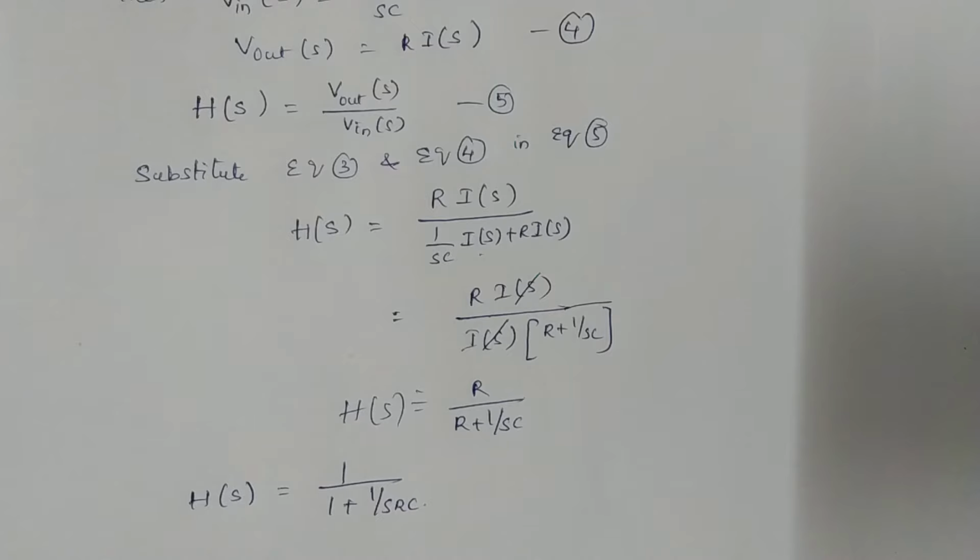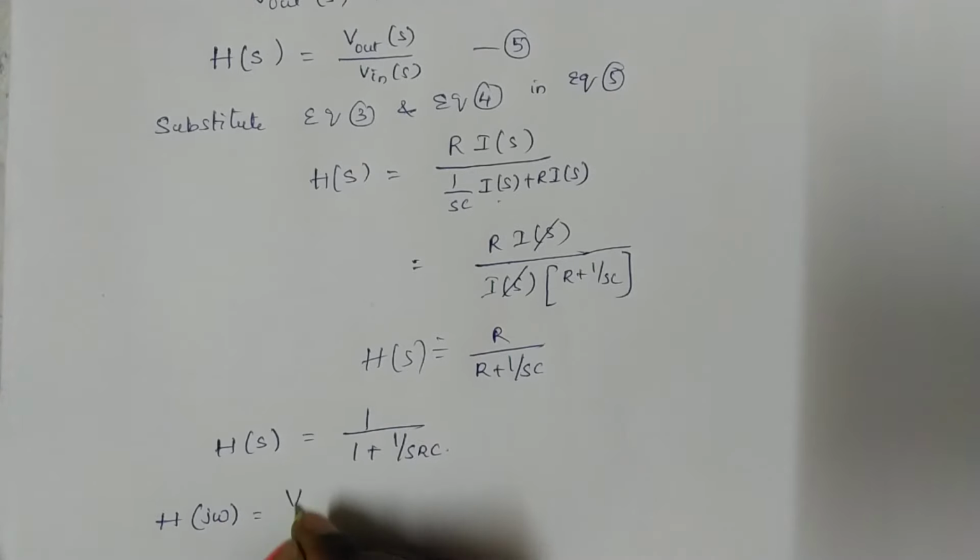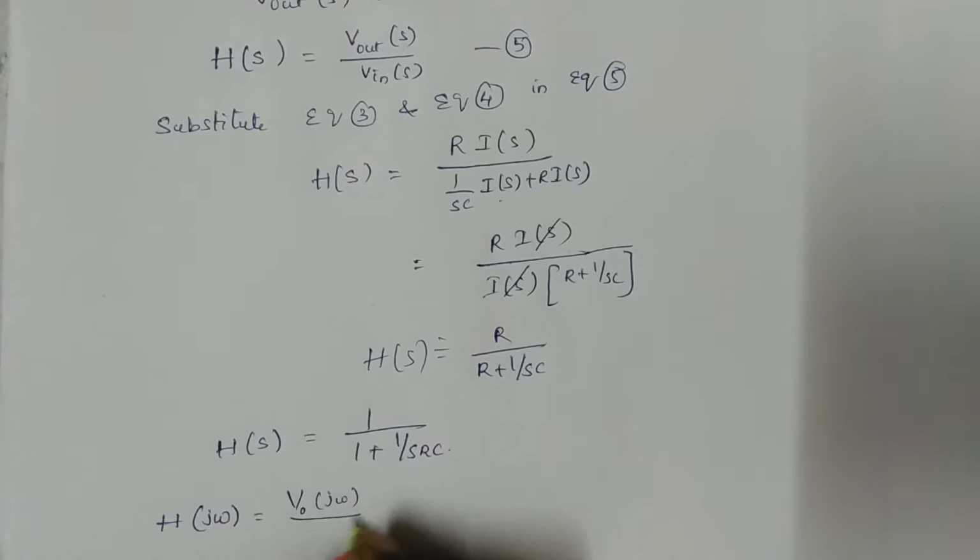So when the sinusoidal signal is applied, we have to find the cutoff frequency, so in place of S we have to substitute j omega. The transfer function in the frequency domain is represented as H of j omega equal to V out of j omega by V input of j omega.